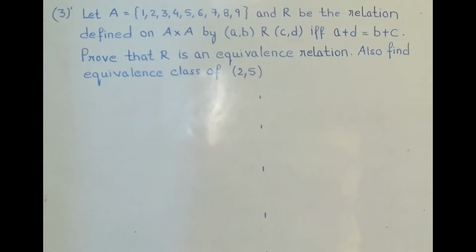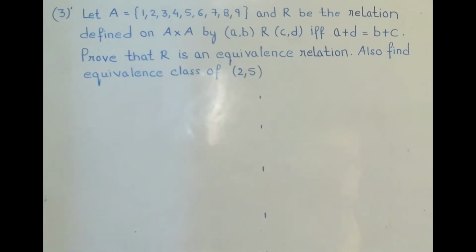Now in this question, set A is given with the elements 1 to 9, and there is a relation which is defined on A cross A, where the ordered pair a comma b is related to the ordered pair c comma d if and only if a plus d is equal to b plus c.